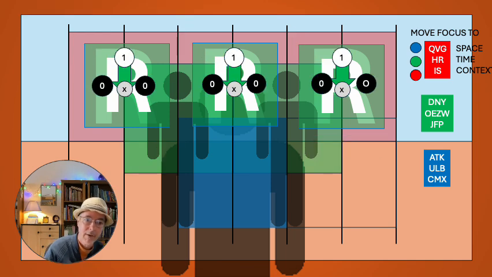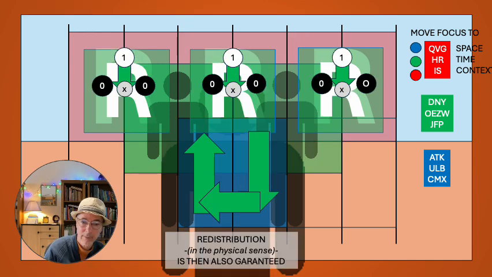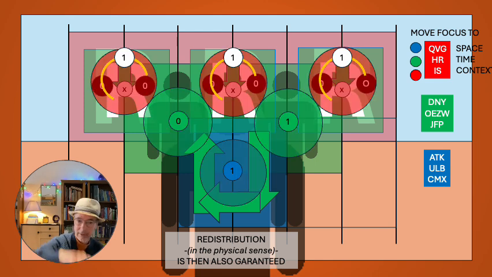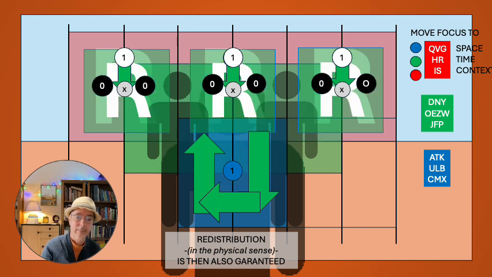So after that, here's just an example how it works. It finds its connections into the system, and that's how all things are running and redistributed also in the physical sense, and it's always guaranteed that you can have it.